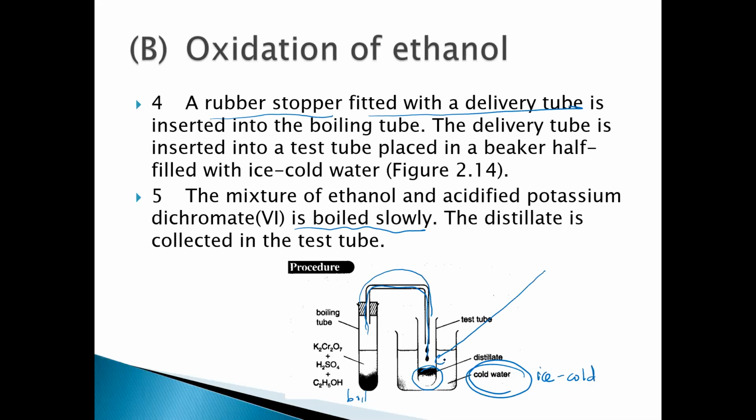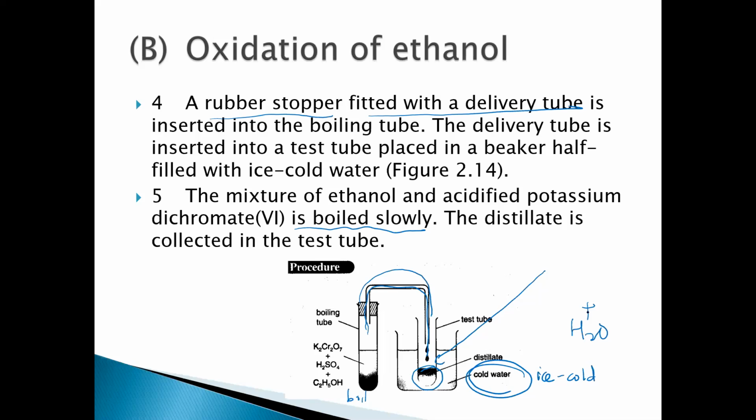H2O. Okay, H2O is one of my side products. What's my main product? Ethane. Did you not hear, Aidit? No, he said ethane, teacher. Ethane, no, it cannot be ethane.